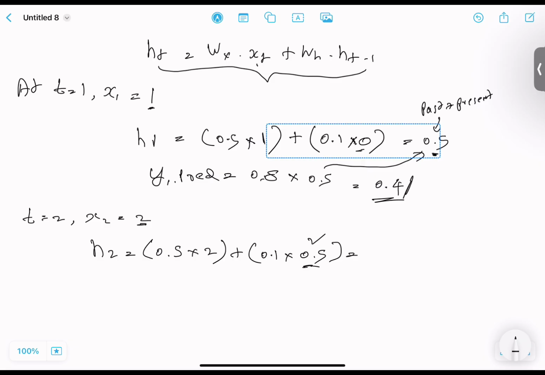So the answer will be 1 plus 0.05 equals 1.05.